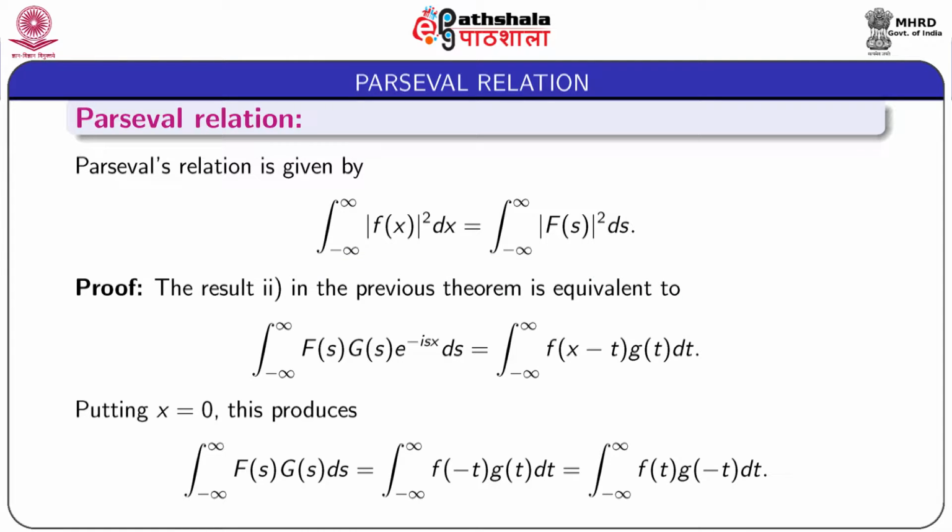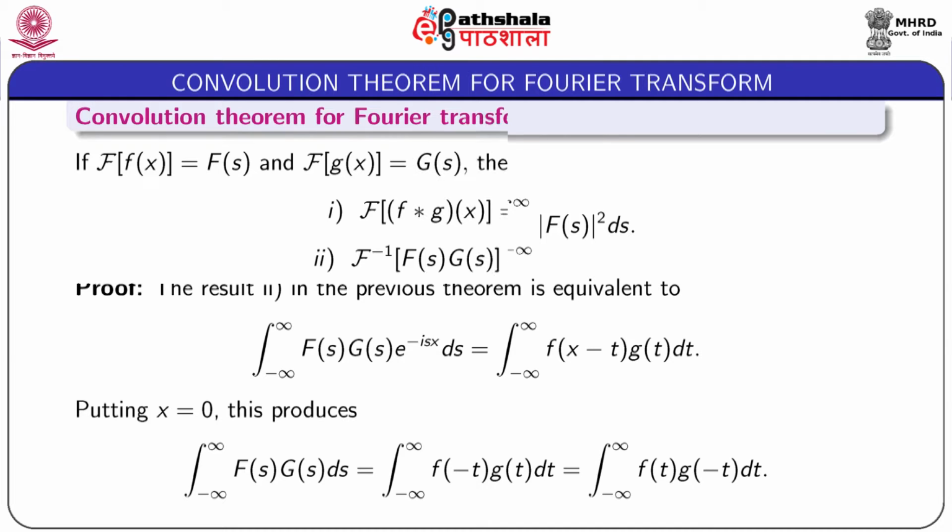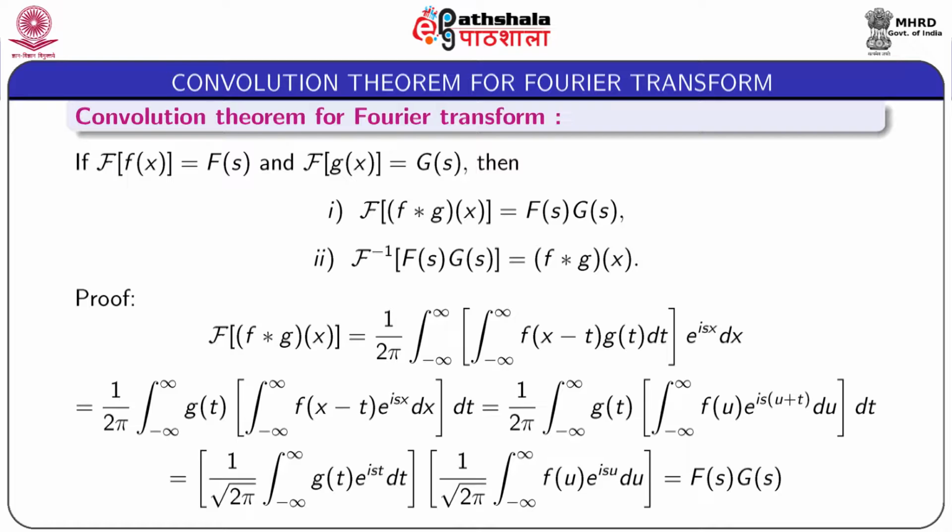Now, for proof we consider the result 2 in the previous theorem, that is Fourier inverse of capital F into capital G gives back the convolution of small f and g.